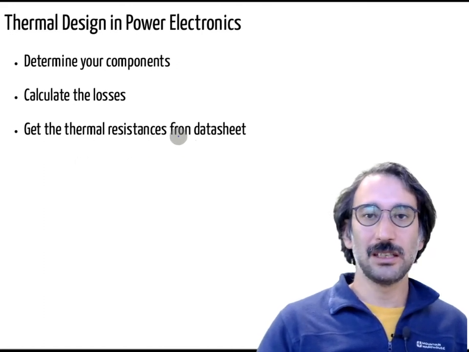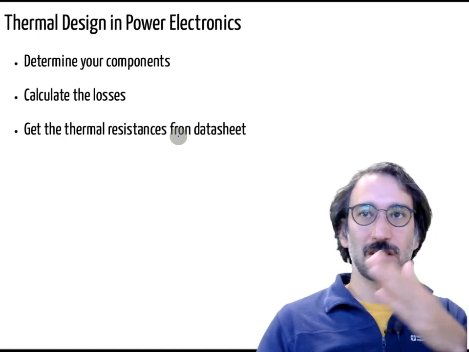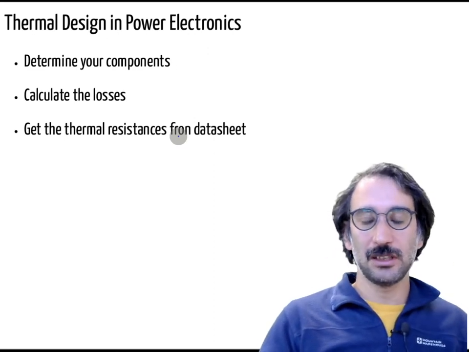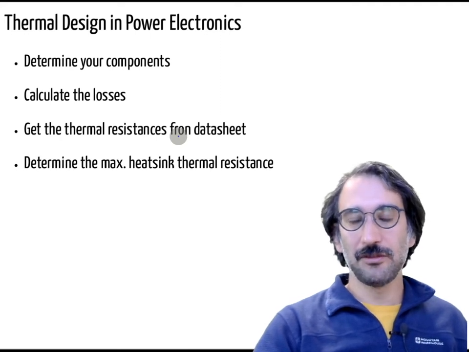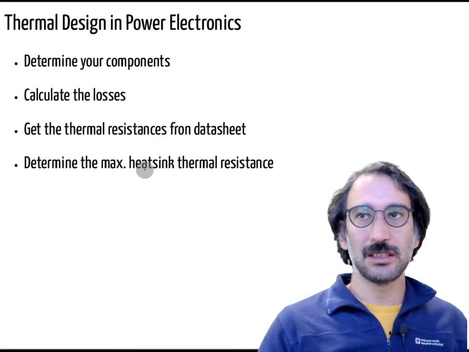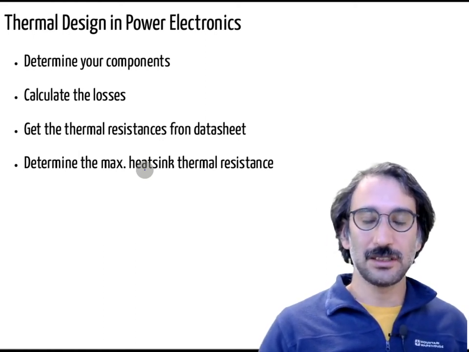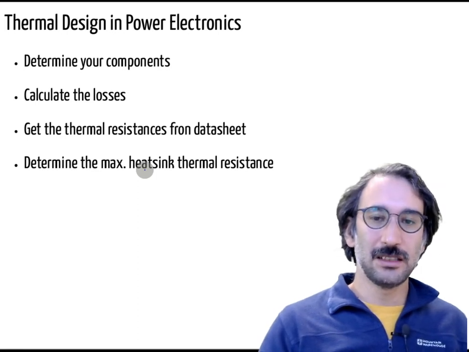Again, we will do a practical application, but there are some figures in the datasheet showing junction to case thermal resistivity, case to ambient thermal resistivity. And you can find some suitable heat sinks for that packaging. There are some specifically made heat sinks for similar sized MOSFETs or IGBTs in different packages.